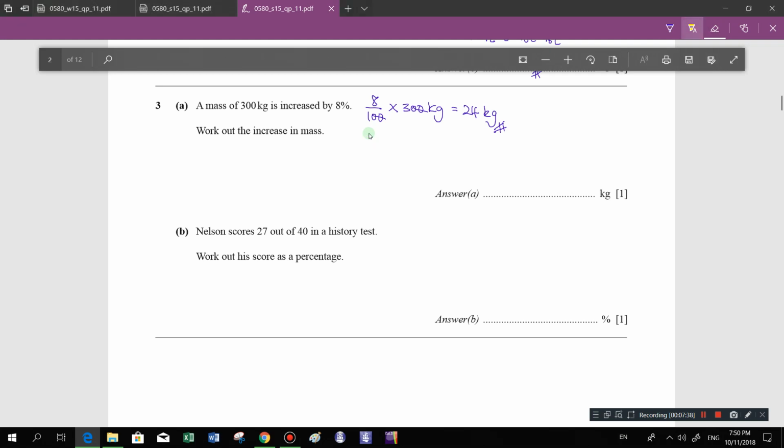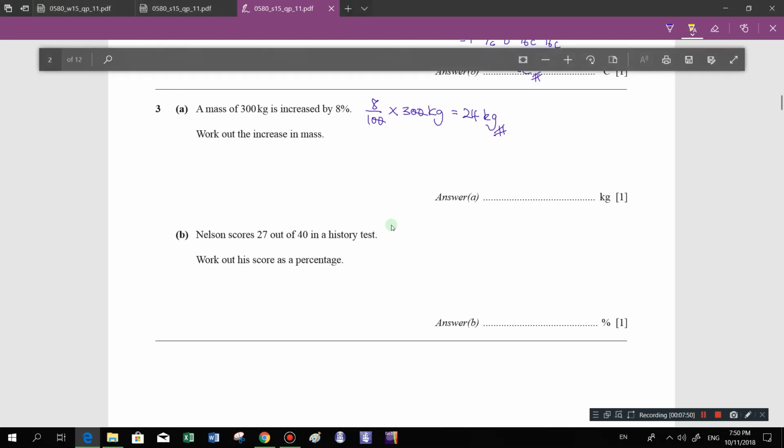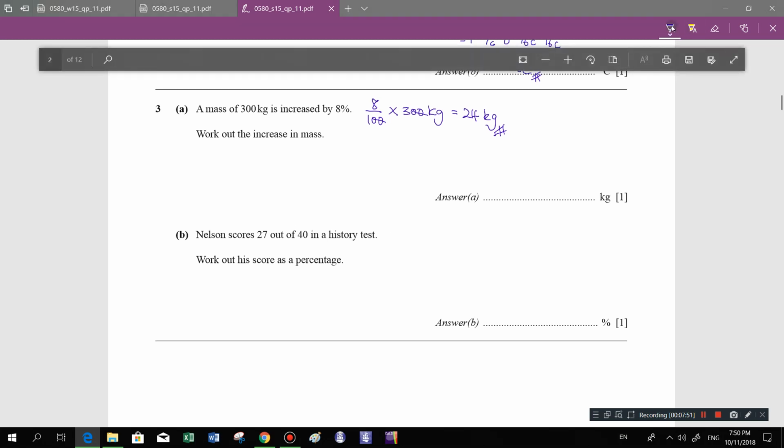Now let's go to the next one. Nelson scored 27 out of 40. What is the percentage score? Very straightforward. What you do is you take 27 over 40 times 100%. Simplify the fraction.